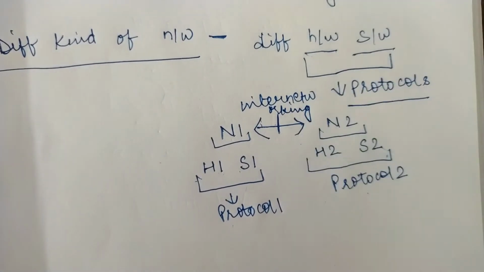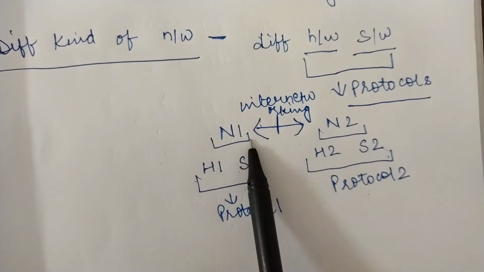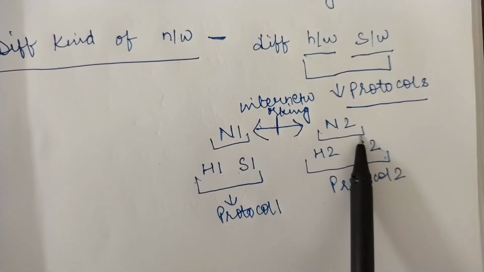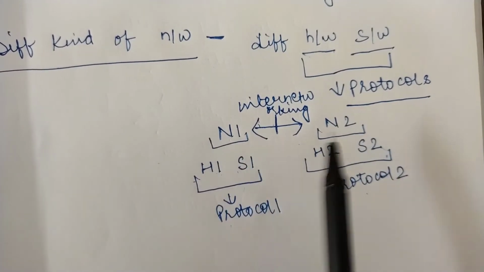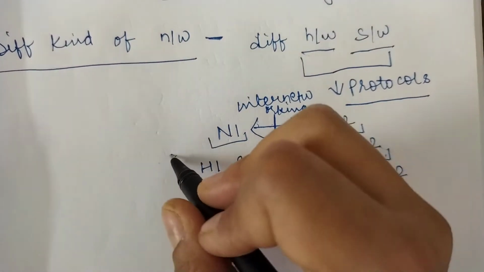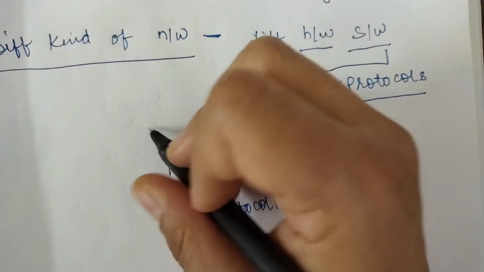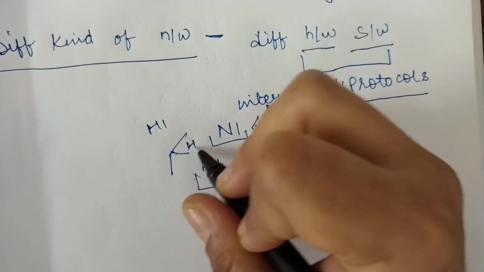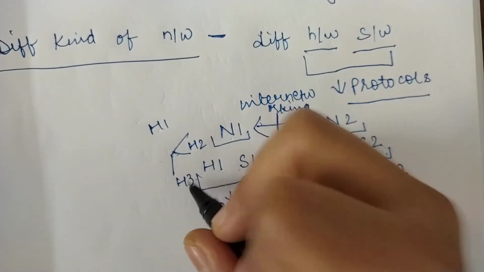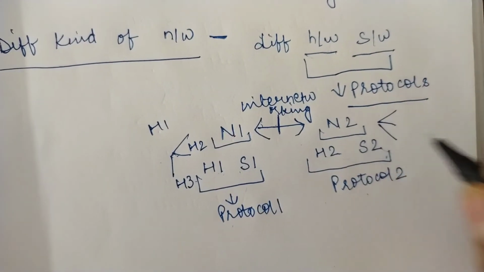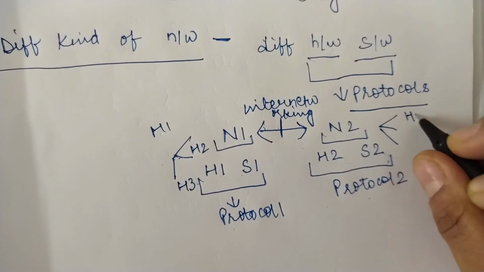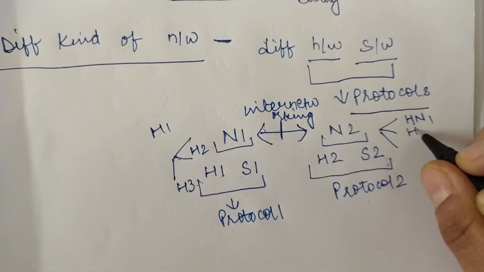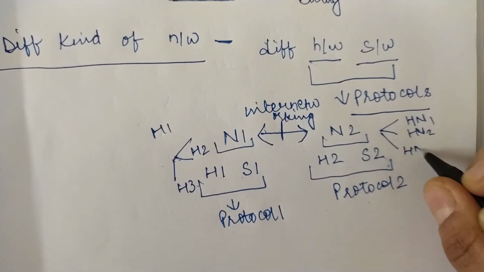Rather, not the networks but the hosts on these different networks want to communicate. On one network there are different hosts, say H1, H2, H3, and on the other network I have hosts HN1, HN2 and HN3.